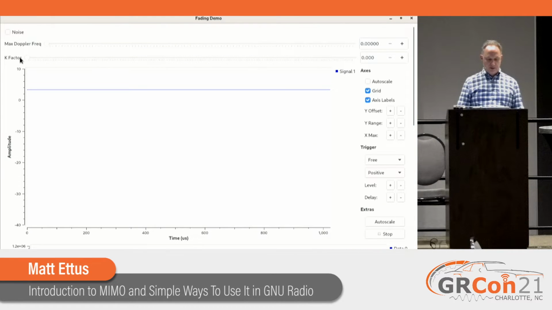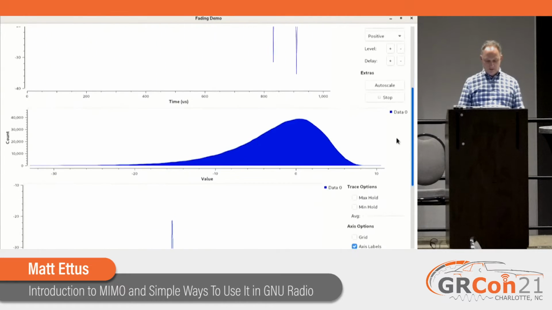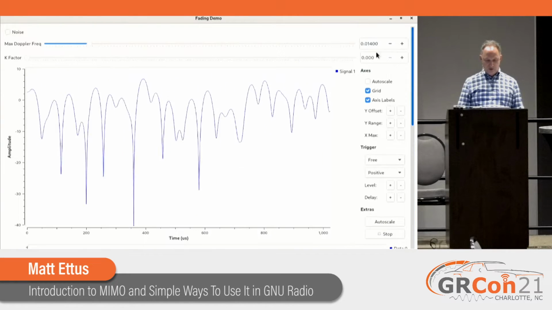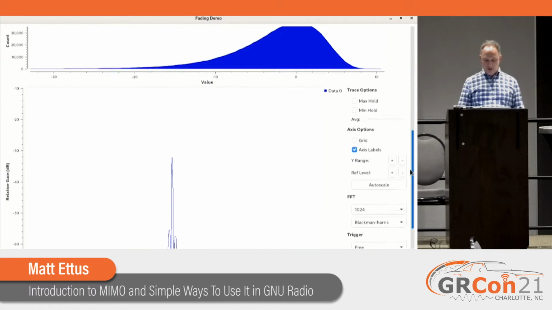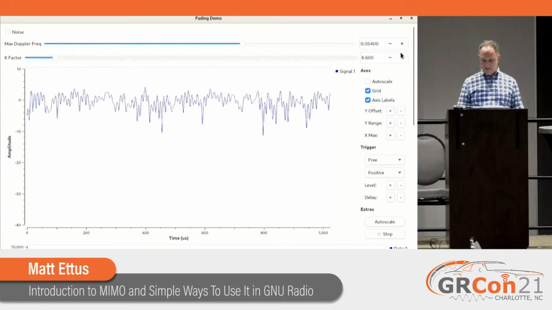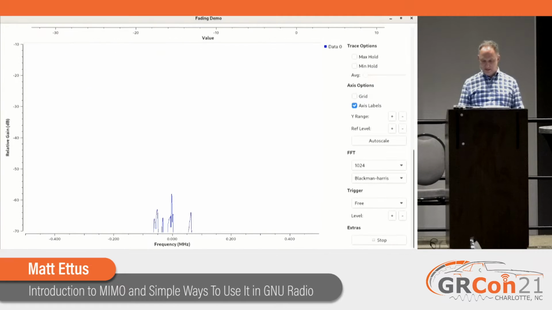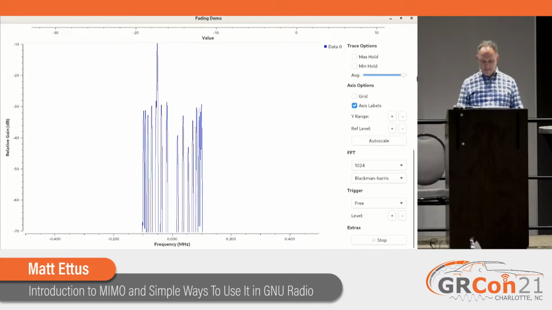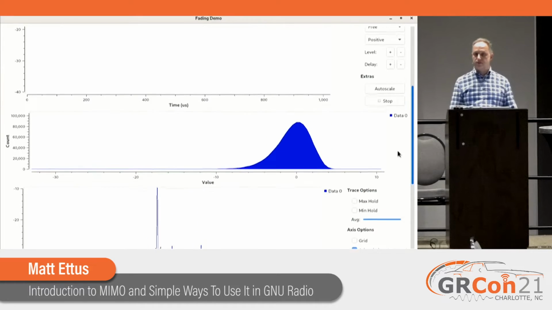But as we turn up our Doppler frequency, I wish this could all be seen at once, let's turn up the Doppler frequency some more, and turn down the averaging. So here what you can see is the Doppler spectrum, sometimes called the Jakes spectrum.